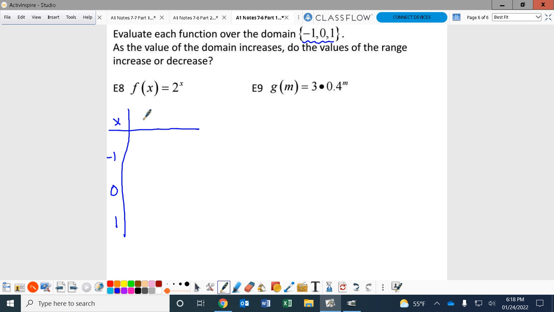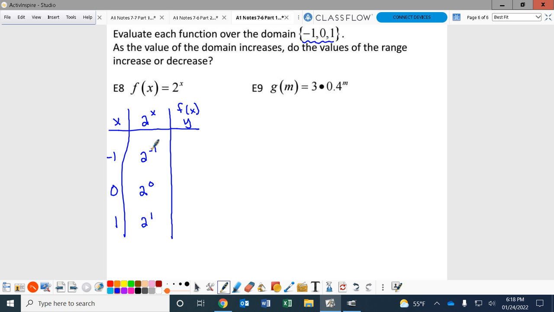We're going to plug it in to 2 to the x, and we're going to get out of this our y, which is really our f of x. Remember, those are the same thing. So this is going to be 2 to the -1, 2 to the 0, and 2 to the 1.